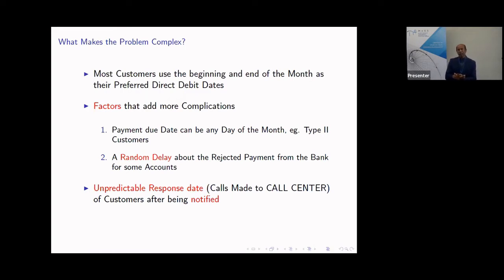And then how many calls will be received by the call center? One can see that the majority will be at the end or the beginning of the month, but this is not necessarily true.